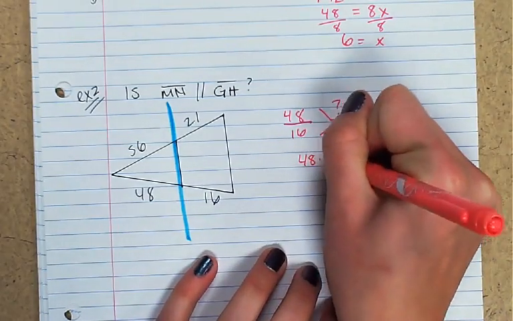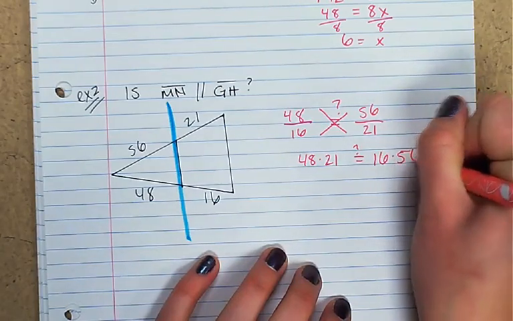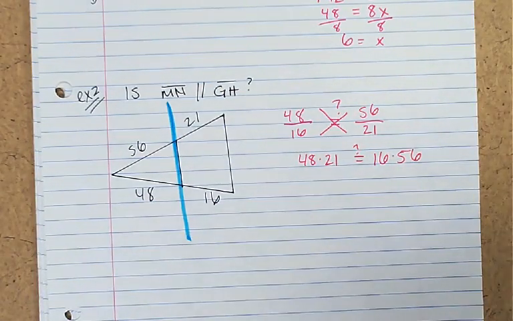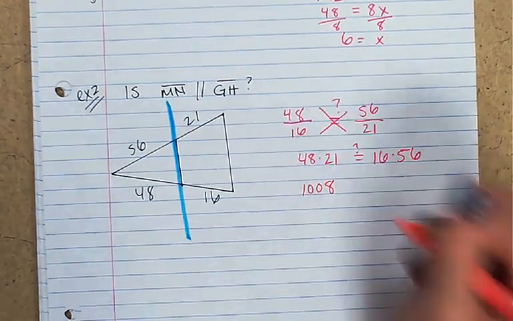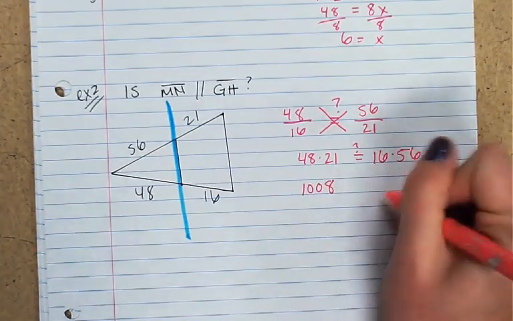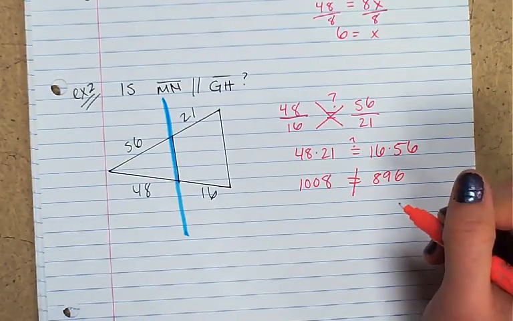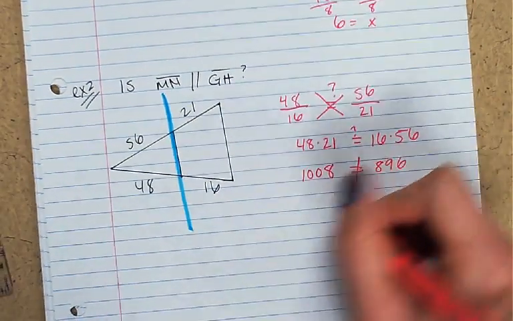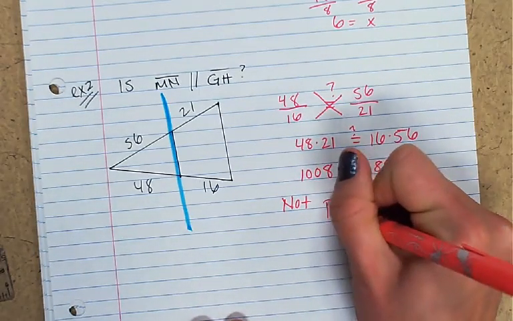So 48 times 21, does that equal 16 times 56? 48 times 21 is 1008. And 16 times 56 is 896. So those are not equal to each other, so that means they are not parallel.